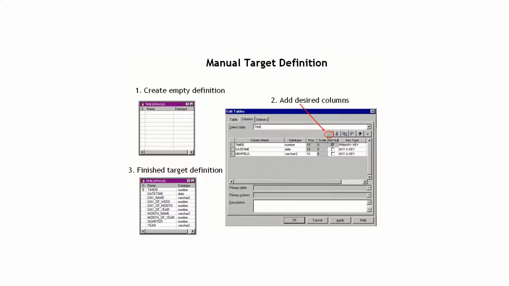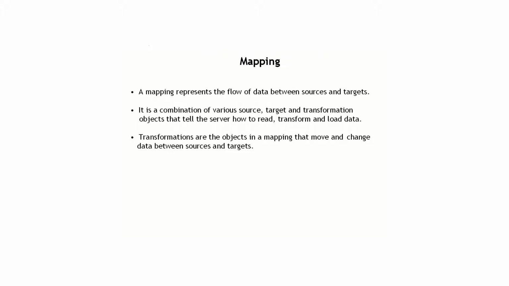After you define the source and the target definitions, now we need to create the mapping. Mapping is nothing but the whole ETL program, which you write in a GUI in Informatica. They call that a mapping. Mapping is nothing but the flow of data from the source to target, or a combination of source, target, and transformation.